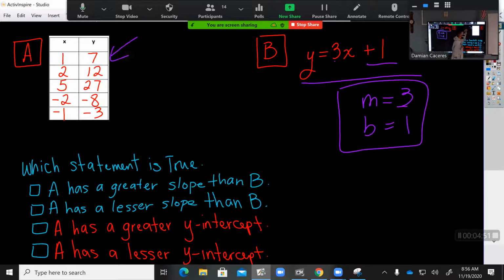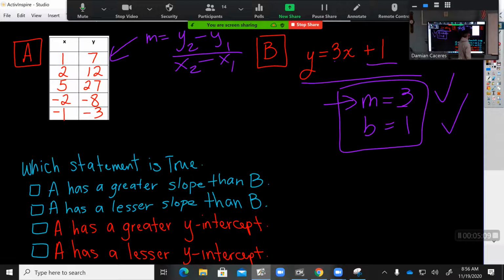Now in this case, it's a table. When you have a table, you have to do a little more work to find these two pieces of information out. First thing you do is find the slope by using the slope formula. The slope formula is the second y minus the first over the second x minus the first.